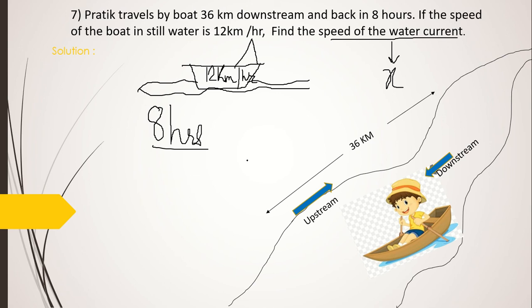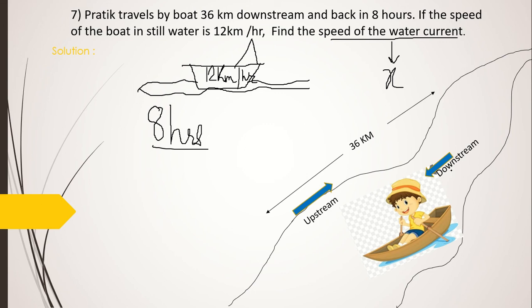Now you must have played with making small boats on rainy days. That boat is made of paper. When you put it in flowing water, that paper boat also flows with the water, right? It does not have any motor, but still it flows with the current.